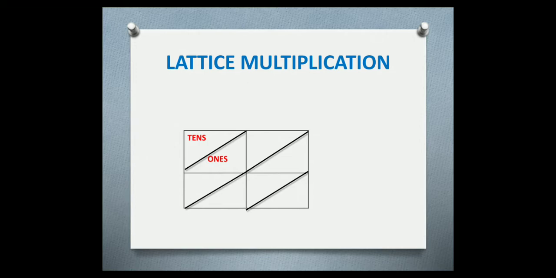The third step is that you'll be writing your multiplicand at the top and your multiplier at the right side. Fine. And now you'll proceed with your multiplication.